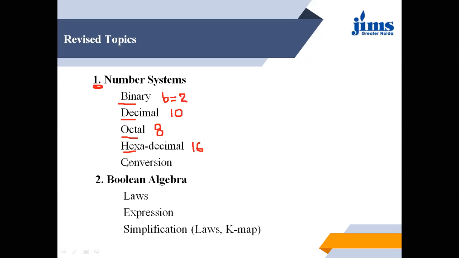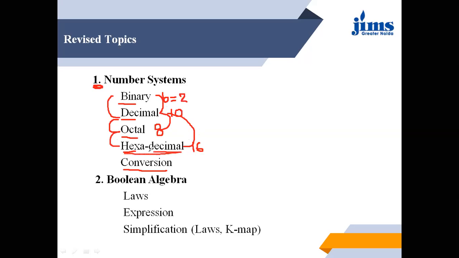Then we discuss the conversion of the number system, how we can convert a decimal number into the different systems, that is binary, octal, and hexadecimal. Over there we discuss how we can convert any number system into decimal. Then we discuss how we can convert a number system into a different number system.